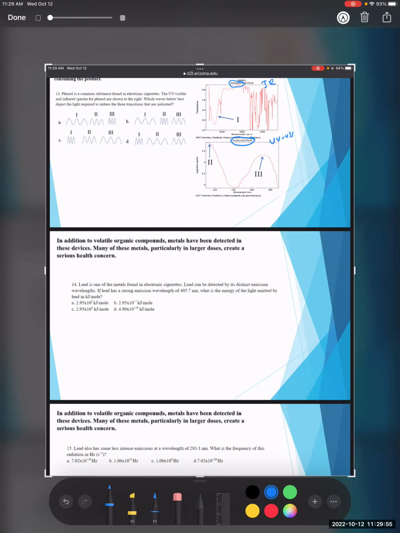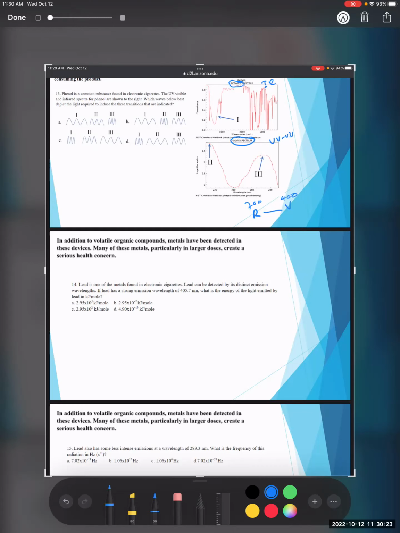3 transitions indicated. The first transition is in the IR range. IR has a lower energy than the visible, because the last light in the visible range is red, which is 700 nanometers. This is 400 nanometers.